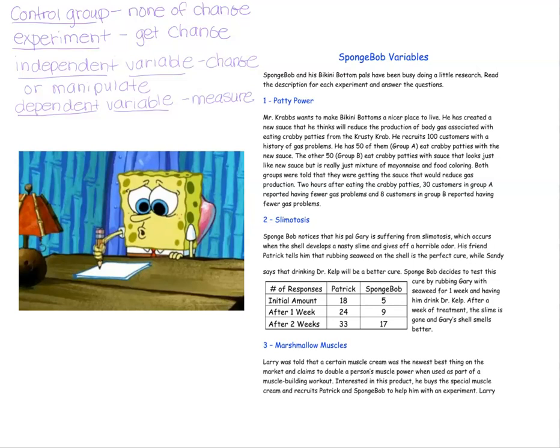So when you're doing questions about this, and there will be several questions on independent, dependent, control, and experimental on your test, remember C for change equals I. So what I change is the independent variable.